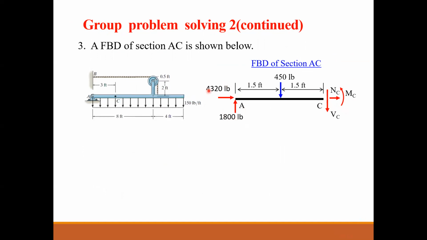I already found the reactions. So the last step is to find all these internal forces. Some of them are easy to find, like NC. If you want to find NC, the only force in the x direction is this one. Okay, so NC should be equal to this one.